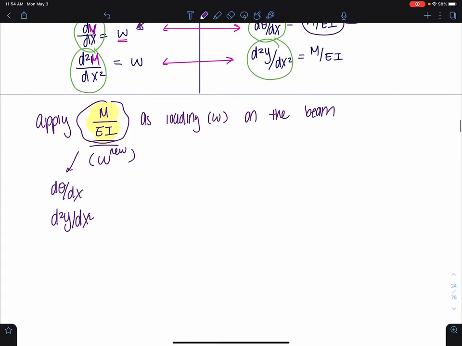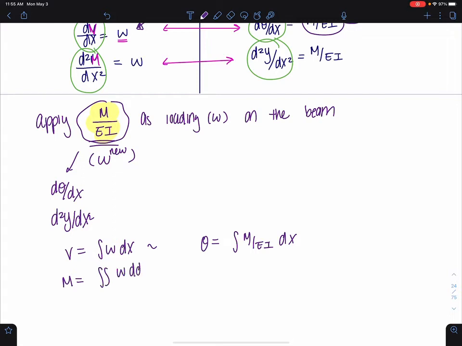We can also look at this from the integral perspective. We have V equal to the integral of w dx. We also have θ equal to the integral of M over EI dx. We have moment equals the double integral of the loading dx, which is similar to y, which is equal to the double integral of M over EI dx.